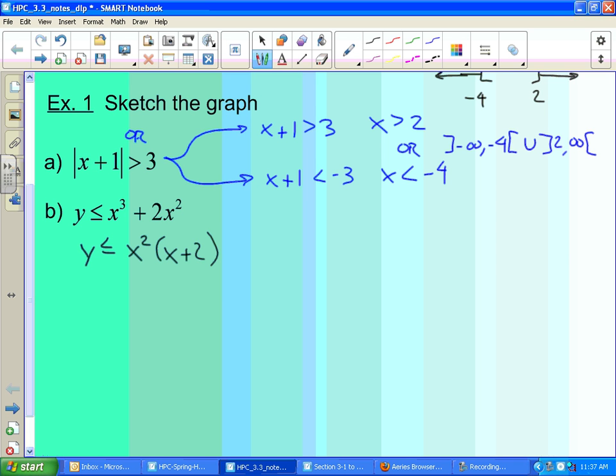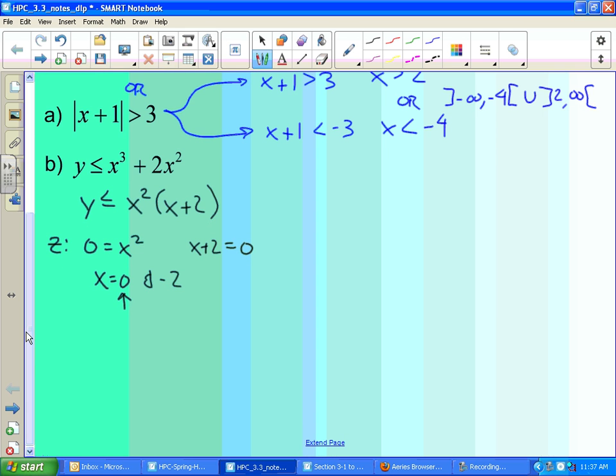So I want to look for x squared equal to 0, because I'm setting y equal to 0, and then x plus 2 is equal to 0. I get x equals 0 and negative 2. And I'll just be careful that here, what am I doing on this 0? It's a double root, so that means I'm going to bounce off of that one.